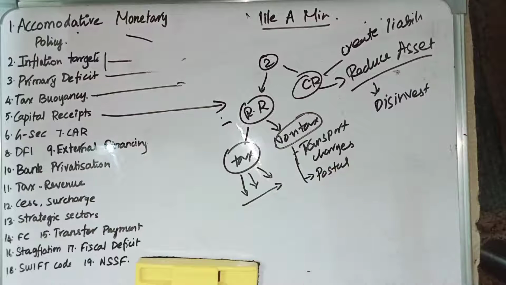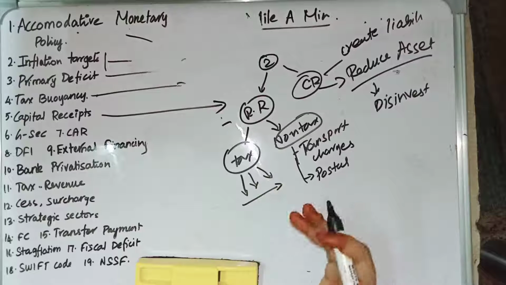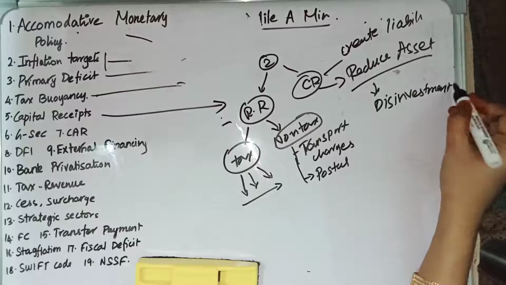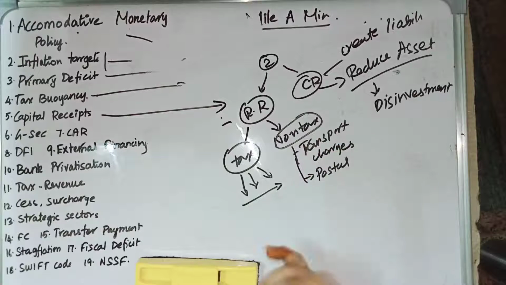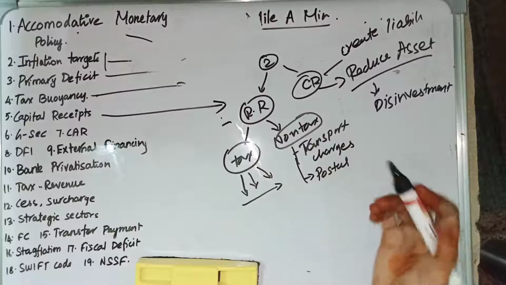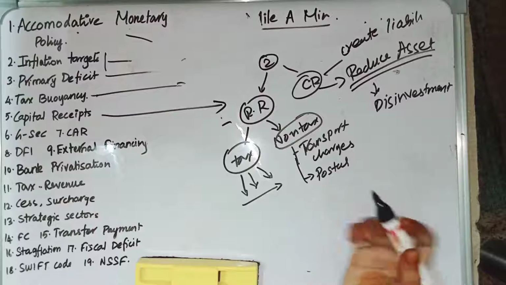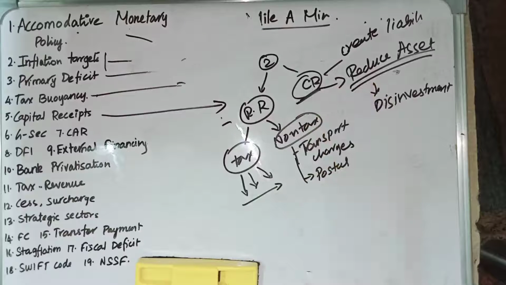So the government has reduced its share in a public sector company by itself, and that is called disinvestment. By disinvestment, the government is going to get some money. For example, privatization of railways and selling the LIC. By selling its shares, it is going to get some money, but it reduces its asset. So if it is reducing the asset, then it comes under the capital receipt.